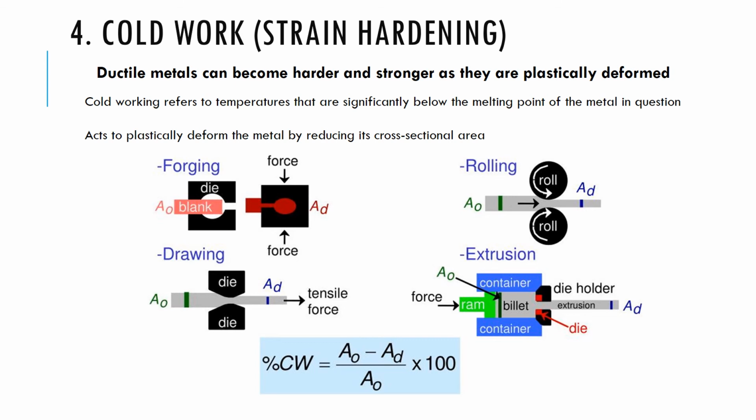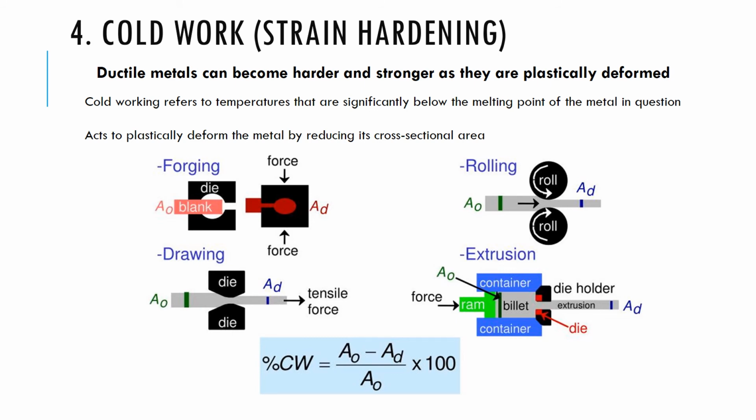The reason why it's called cold working is because we're working at a temperature which is far below the melting point of the metal in question, and all forms of cold working will act to plastically deform the metal by reducing its cross-sectional area. You can forge metals, you can compress them between a die, you can draw them through narrow orifices, as you see on the bottom left there, either drawing them or rolling them, or you can extrude them, forcing them through another orifice with pressure. All of these act to plastically deform the metal and make them harder and stronger.